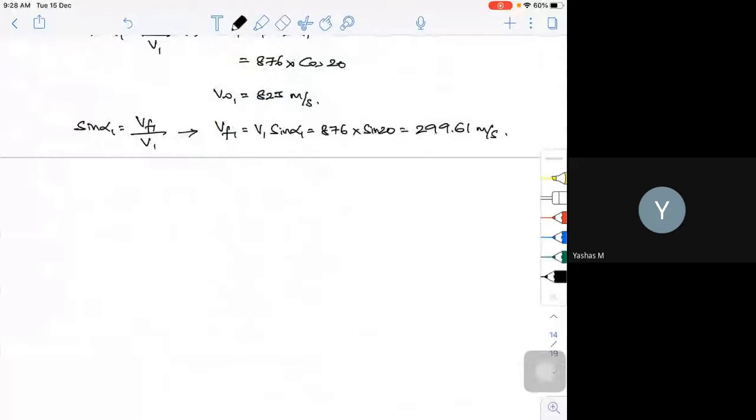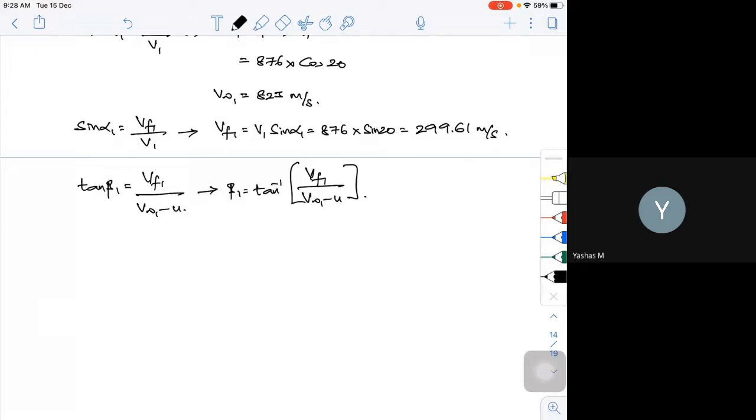So tan beta 1 is equal to VF1 divided by VW1 minus U, or I can write beta 1 is equal to tan inverse of VF1 divided by VW1 minus U. Let us substitute all the values and find the value of beta 1.